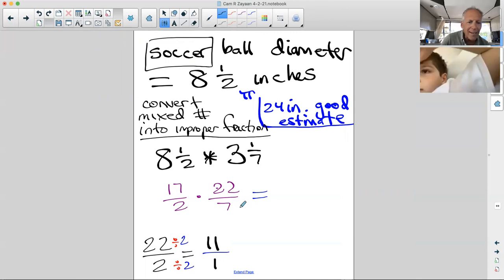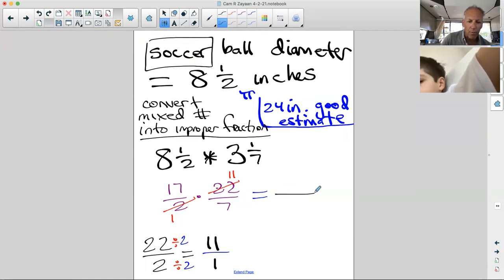Half of 2. 1. All right, now Cam, make a little diagonal cross out of the 22 and the 2 and write 11 above the 22 and write a little 1 below the 2. Now, Cam, you are ready to multiply across. So go ahead first and multiply 1 times 7.